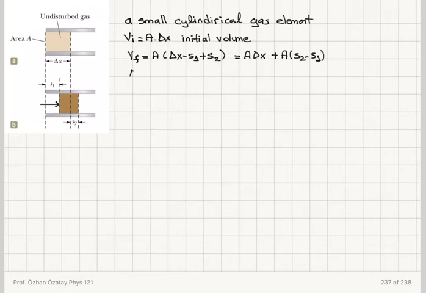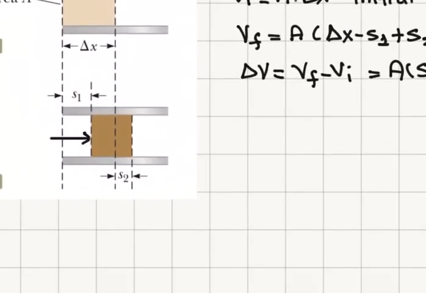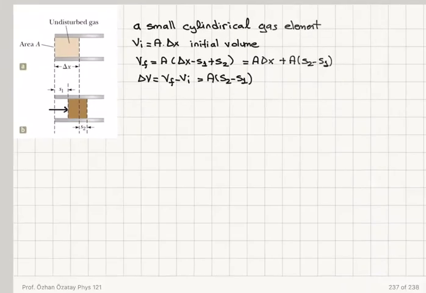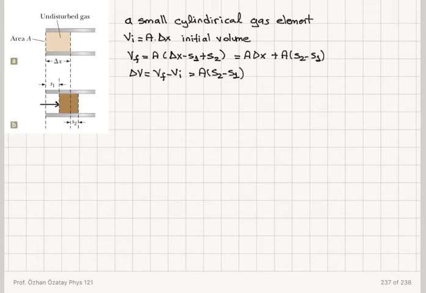So I see that the change in volume, V final minus V initial, is equal to A times (s2 minus s1). Now you should notice that when you compress the gas by an amount s1, the motion of the gas molecules on the right-hand side will be smaller. So s2 is less than s1, and the change in volume is negative.